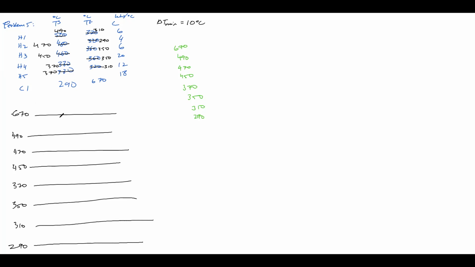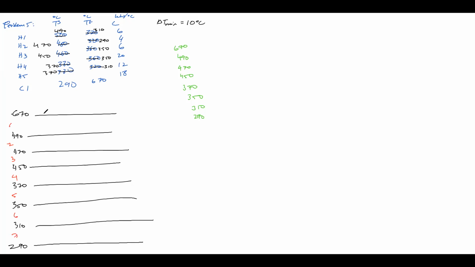And how many intervals do we have? You can see that I have 1, 2, 3, 4, 5, 6, 7. So I have 7 intervals.